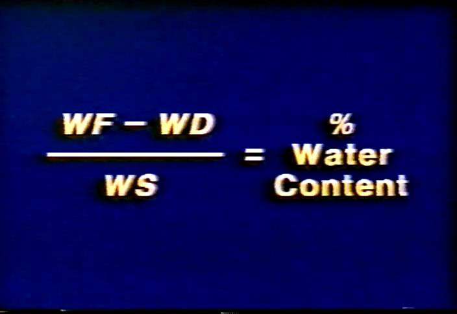To calculate the water content per cubic yard of as-delivered concrete, the final dry weight, WD, is subtracted from the initial weight, WF. The result is divided by the weight of the fresh sample, WS, giving you the percentage of water content.